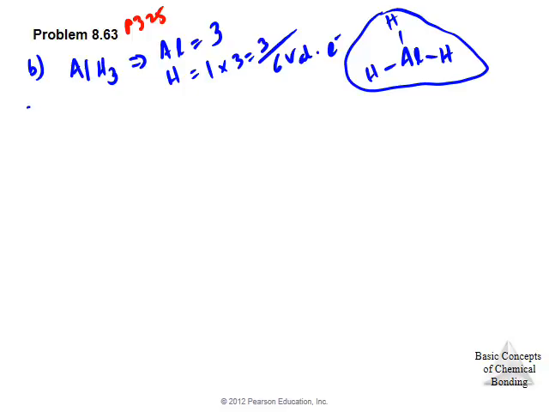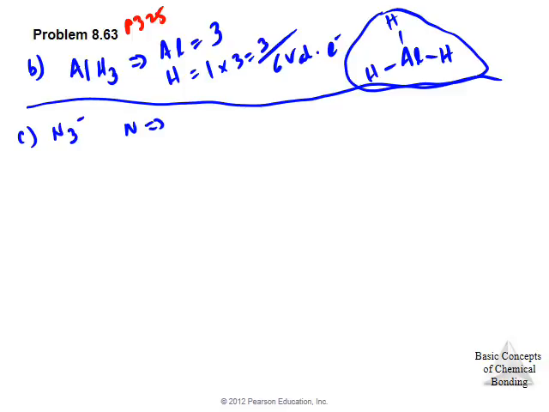Now we're going to do another problem, which is C, for N3 minus. Each nitrogen has 5 valence electrons. Again, look at the periodic table.